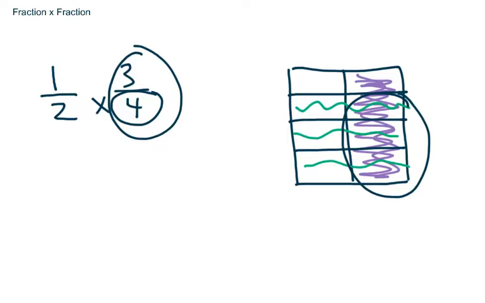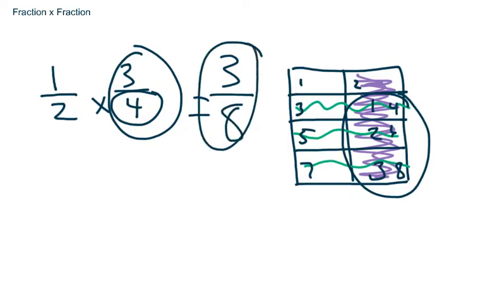How many sections do I have that have both colors colored in that are overlapped? I have 1, 2, 3. So my answer is 3 out of how many total pieces I have? 1, 2, 3, 4, 5, 6, 7, 8 out of 8 pieces. So 3/8 is my answer.